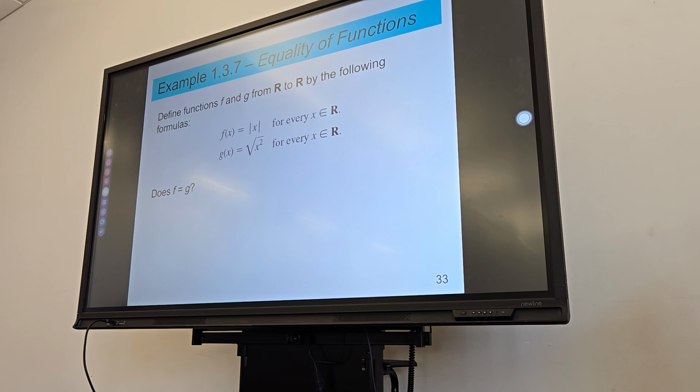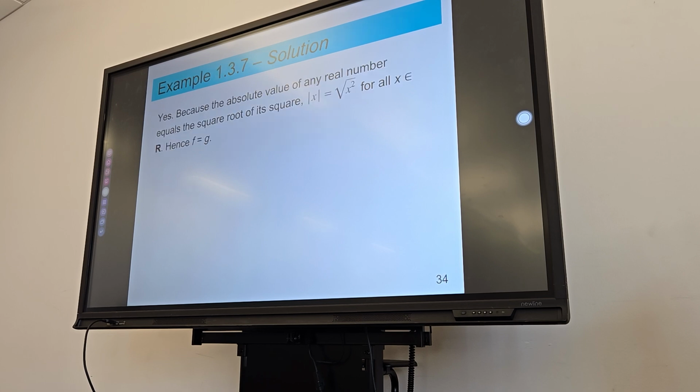Do they yield the same results? They do, because the absolute value of a real number equals the positive square root of its square. So there you go.